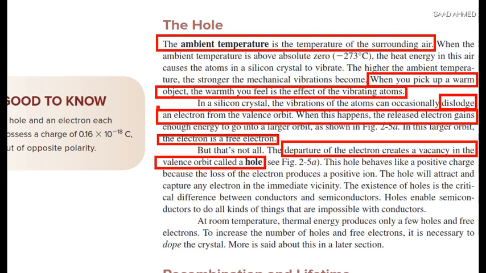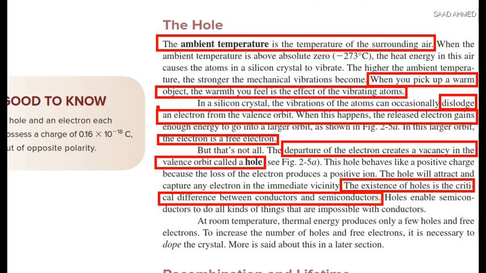The hole will attract and capture any electron in the immediate vicinity, as I discussed earlier. The existence of electrons and holes, the existence of the hole, is the critical difference between conductors and semiconductors, and holes enable semiconductors to do all kinds of things that are impossible with conductors.